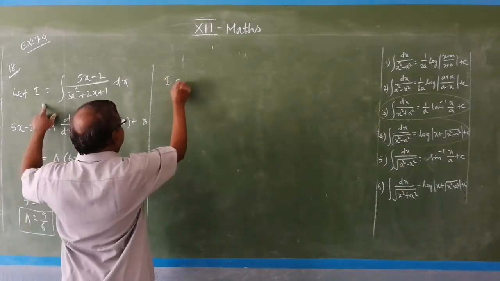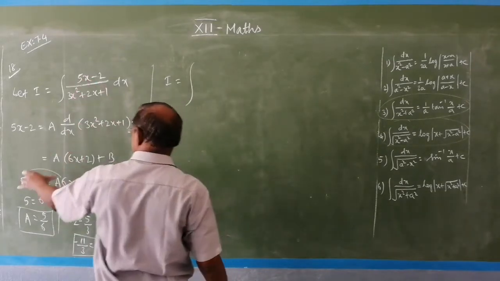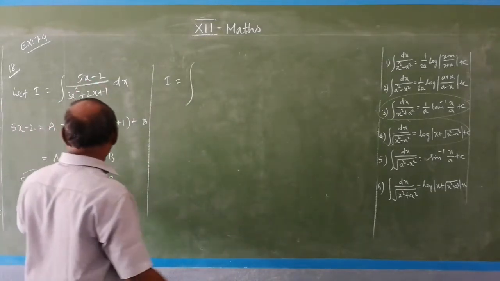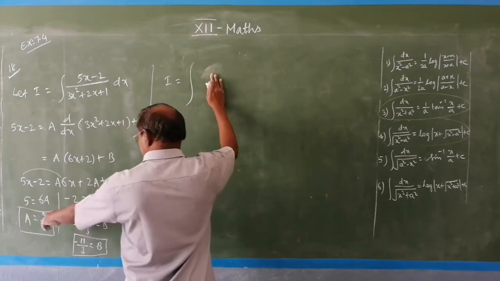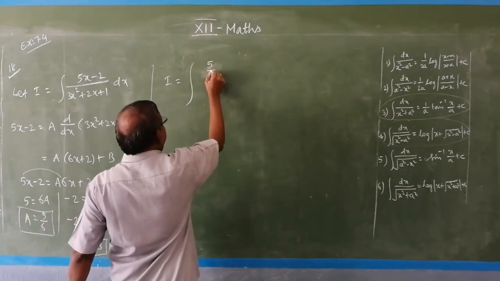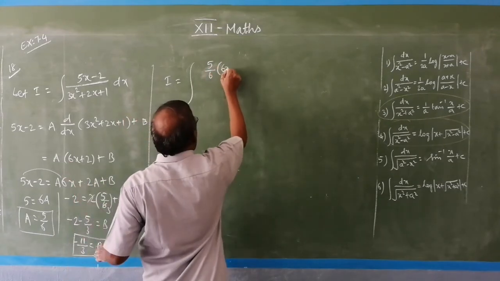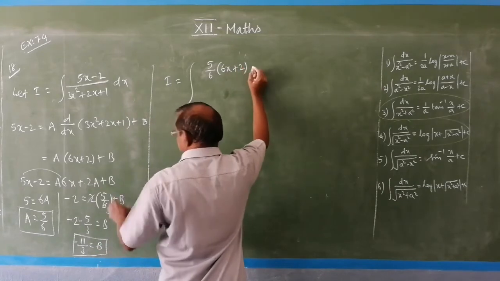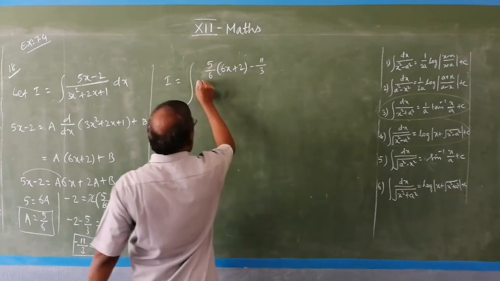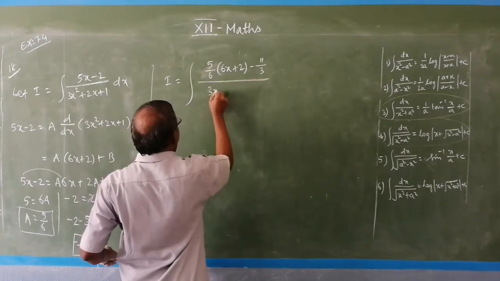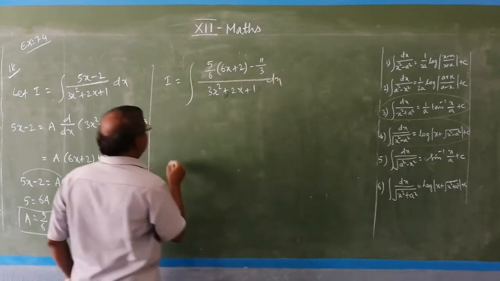So the I can be expressed as integral. Instead of numerator we can write a into the d by dx of the denominator, a means 5 by 6, into 6x plus 2, and instead of b we can write minus 11 by 3, whole divided by 3x square plus 2x plus 1 into dx.